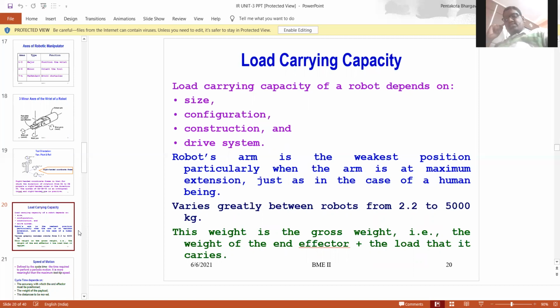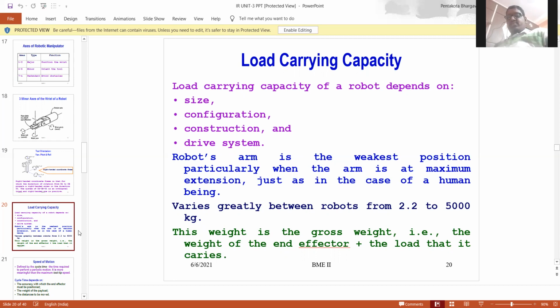This is the gross weight, that is, the weight of the end effector plus the load it carries. The drive system means feedback control devices, and construction means how the robot moves, through 360, 180, 90, 45 or 60 degrees.